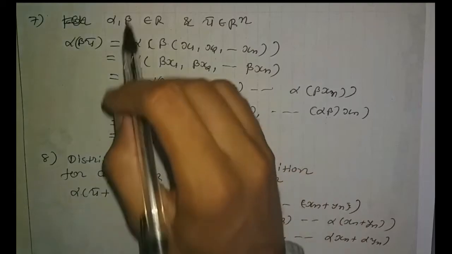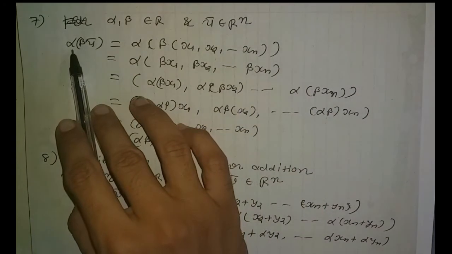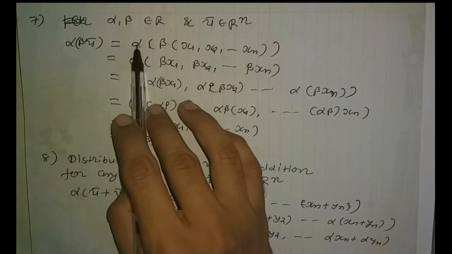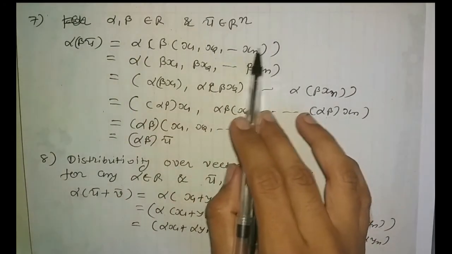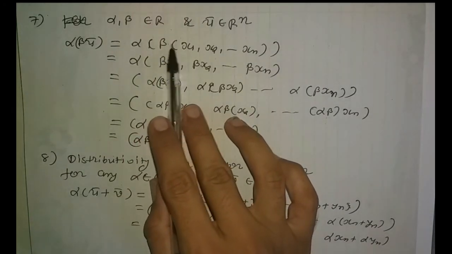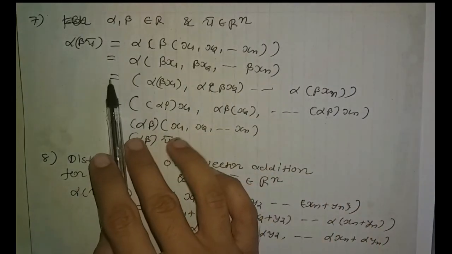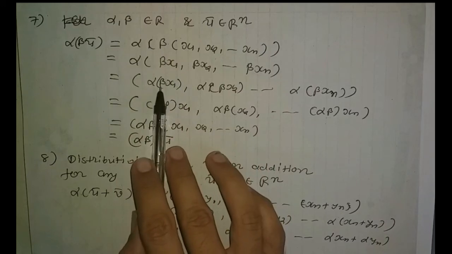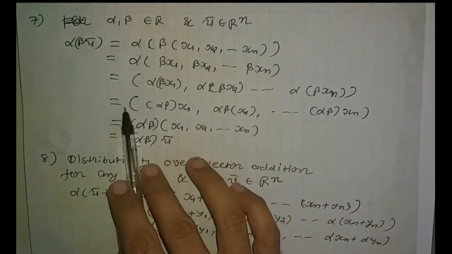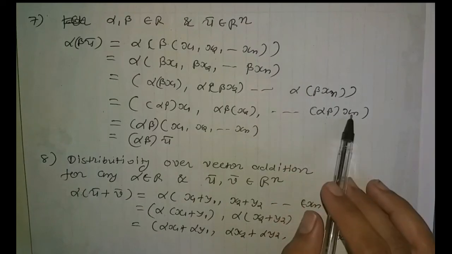Now the seventh is: let alpha, beta belong to R and vector u bar belong to Rn. Scalar multiplication of alpha with (beta u bar) is equal to alpha times beta of (x1, x2, up to xn). Scalar multiplication of beta with u bar gives beta x1, beta x2, beta xn. Multiplying inside, this is equal to alpha beta x1, alpha beta x2, alpha beta xn.